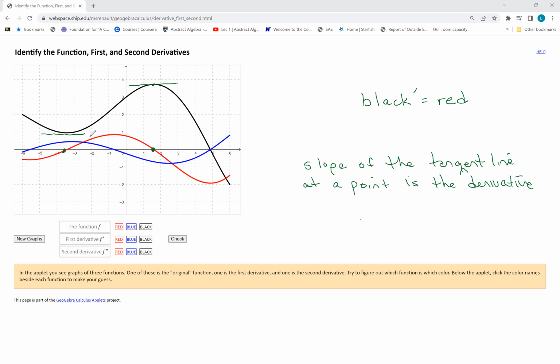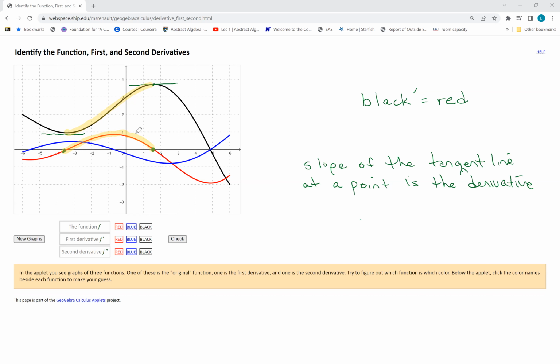Because I just showed you, and we could look, here we go, from here. So if I'm looking at black, from here to here, I'm increasing, which means the slope of any tangent line between those 2 points is going to be positive. Let's look at the red line from here to here.